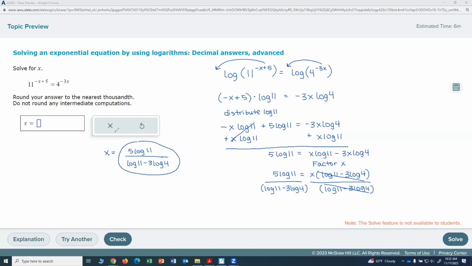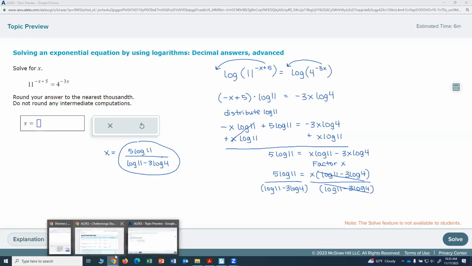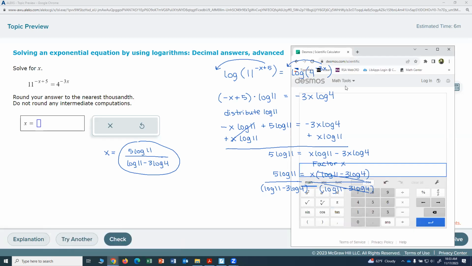Notice that they are asking for a decimal answer rounded to the nearest thousandth. And so I'll go ahead and pull up my calculator here. And I want to put in that expression.